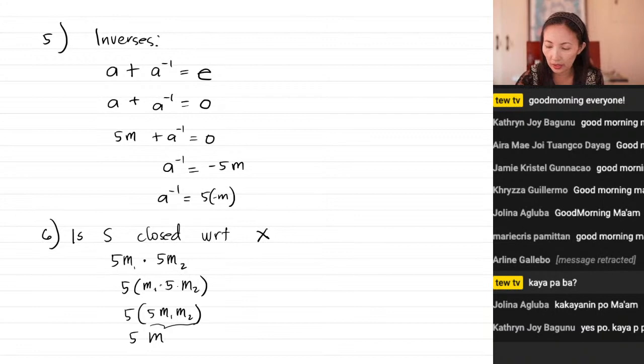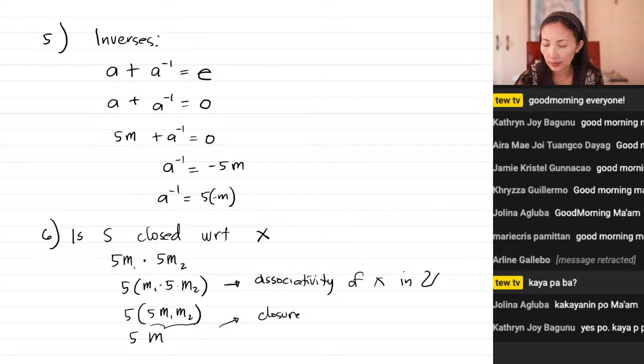Your reason here is simply by factoring or grouping, or associativity in Z. This one is also by the closure property of Z with respect to multiplication.